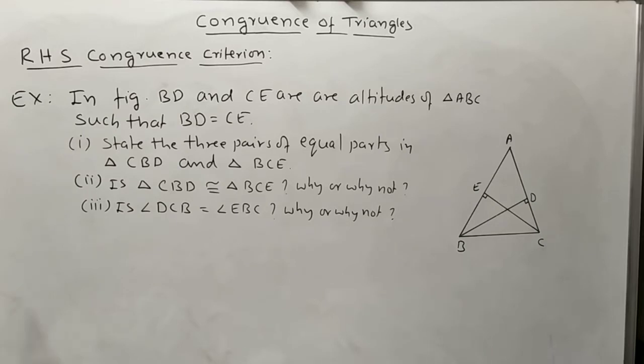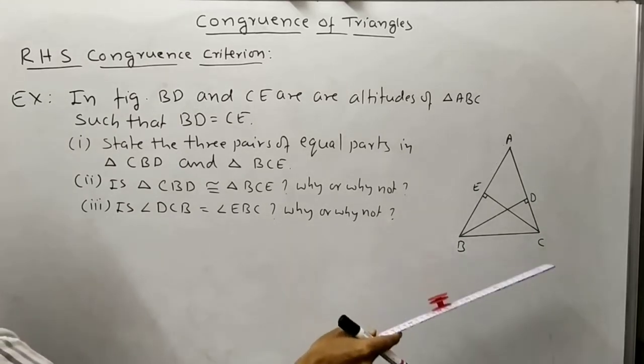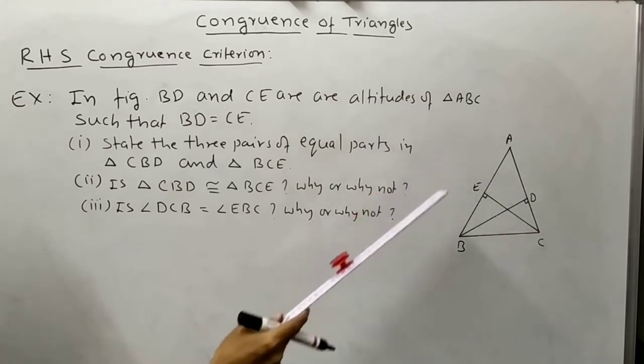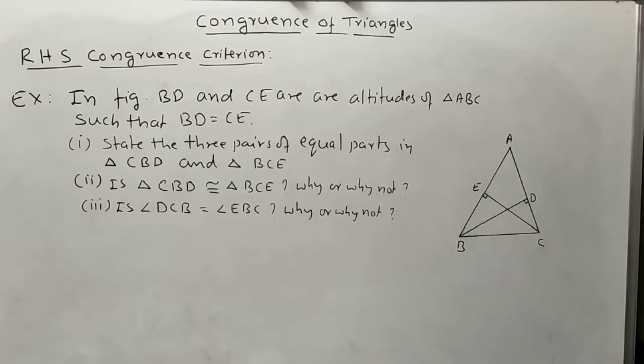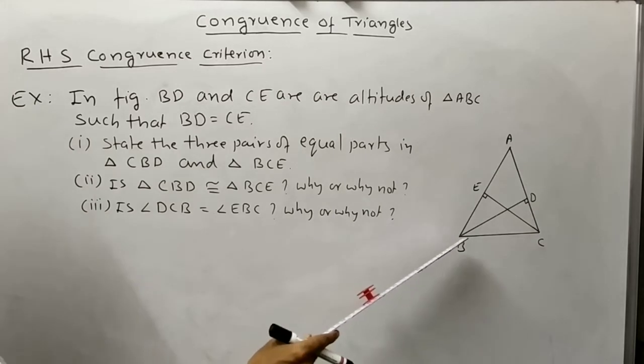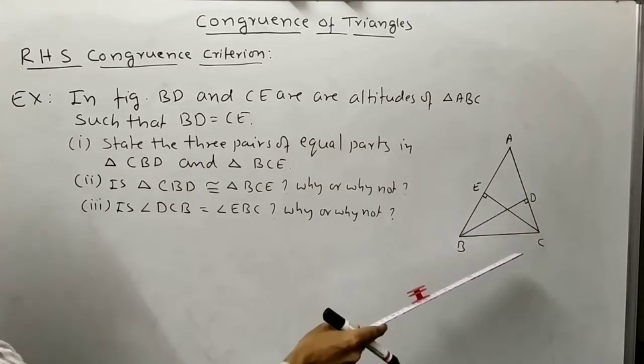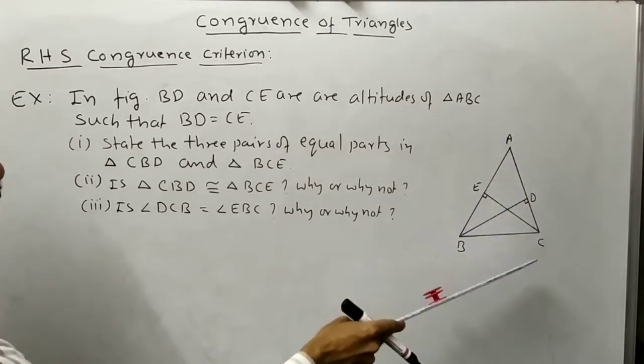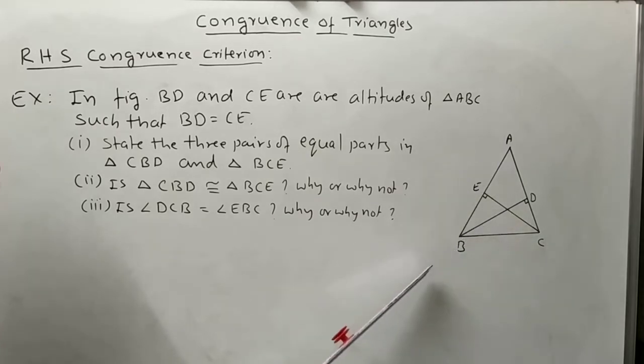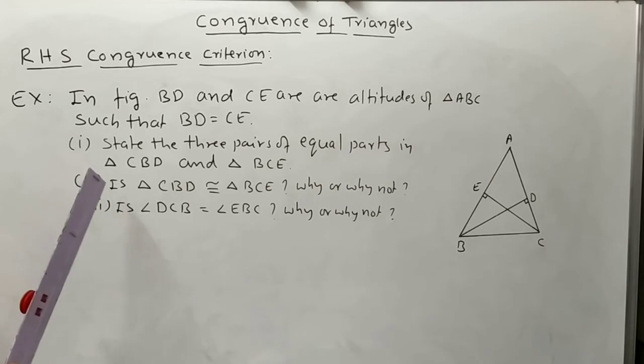In the figure, BD and CE are altitudes of triangle ABC such that BD is equal to CE. Altitude means they are perpendicular: BD is perpendicular to AC and CE is perpendicular to AB. Number 1.